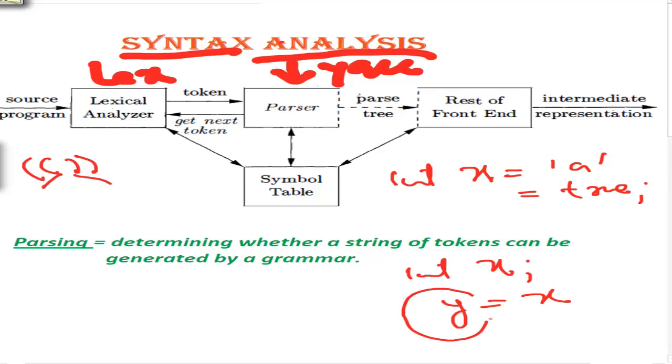Now is this y declared or not? This will not be done by the syntax analyzer or parser, because it talks about syntax, it doesn't worry about semantics. Because y is not declared, y can't be assigned the x. So the parser has nothing to do with that, it just sees the syntax. Is the syntax correct? Yeah, the syntax is correct. It doesn't worry about the variable declaration.